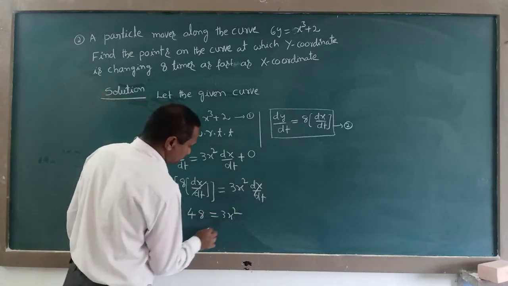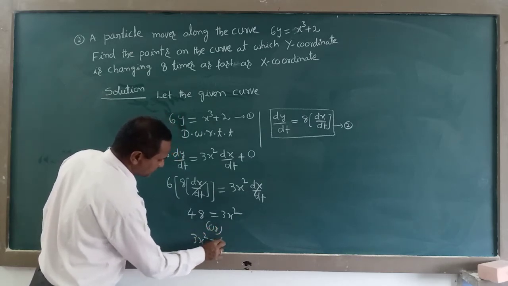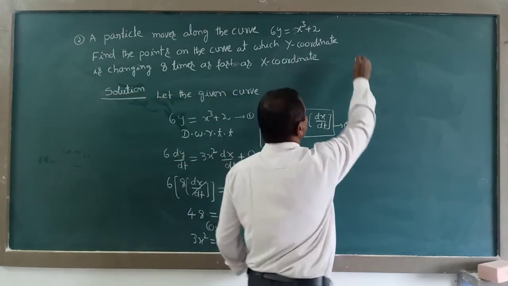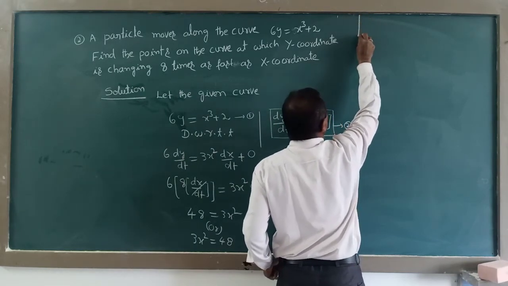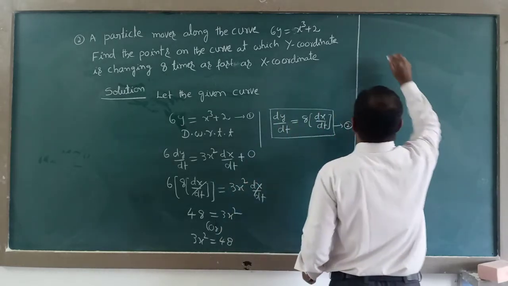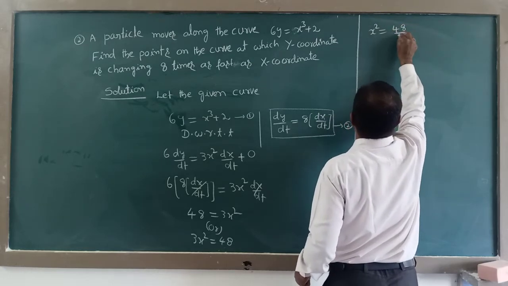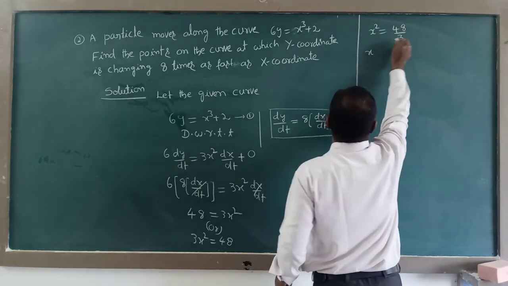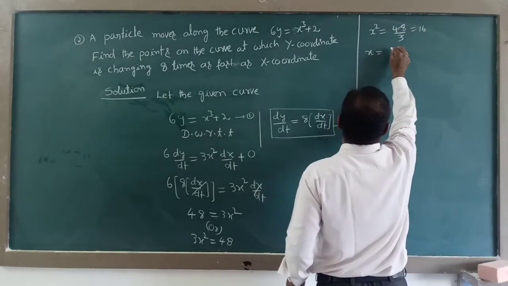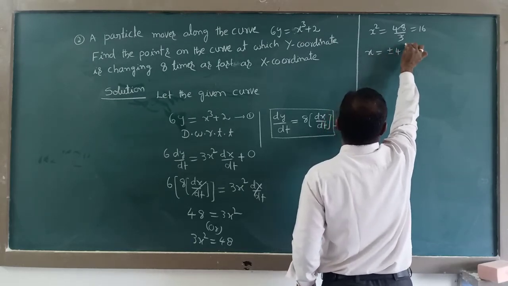Or we can write 3x square is equal to 48. x square is equal to 48 by 3. x square is equal to, on cancellation, 16. That is x is equal to square root of 16, which becomes plus or minus 4.